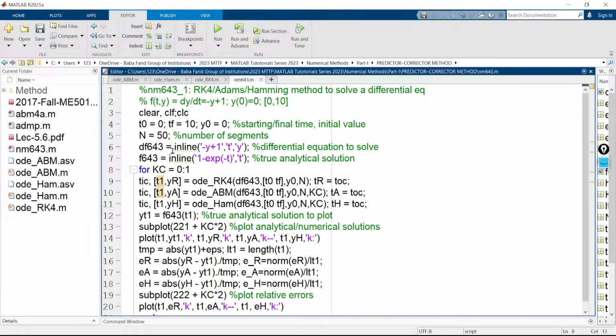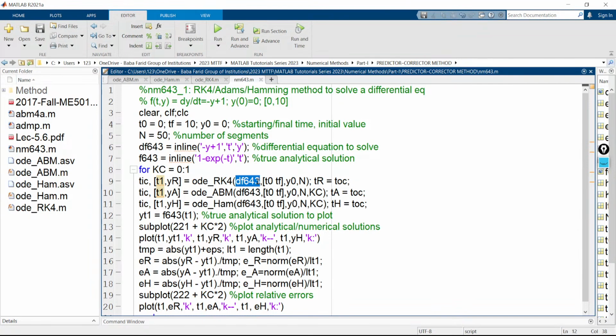And the analytical solution of the given differential equation is 1 minus exponential of minus t, and this is a function of t only. After that, for kc equal to 0 to 1, here we have tic, used to calculate the time for the Runge-Kutta method. This is the differential equation.